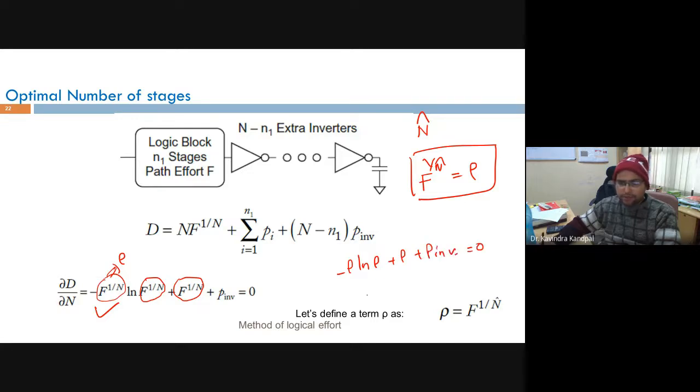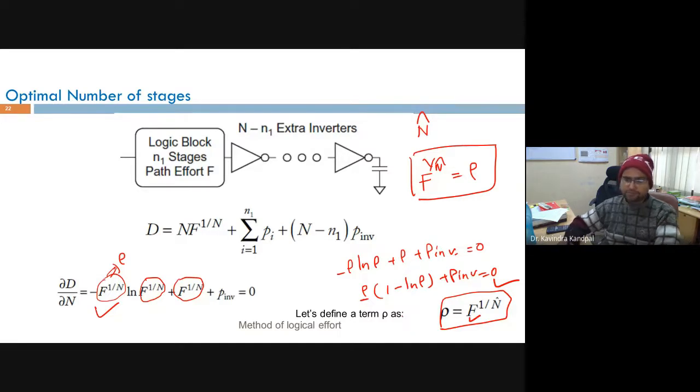In other words, if you take rho common, the solution of this equation will give me the value of rho. In turn, it gives me the value of n cap, because I already know what f is. Yes or no?